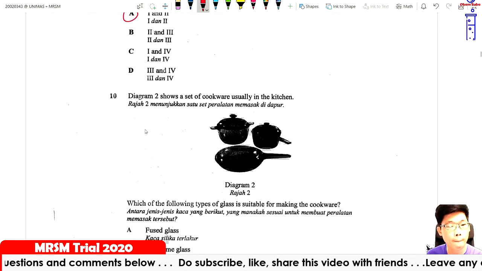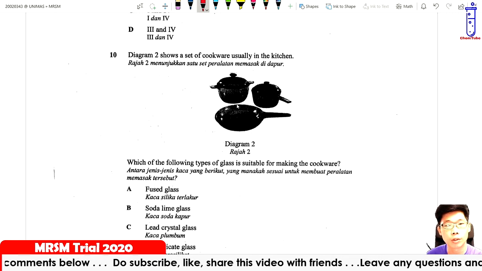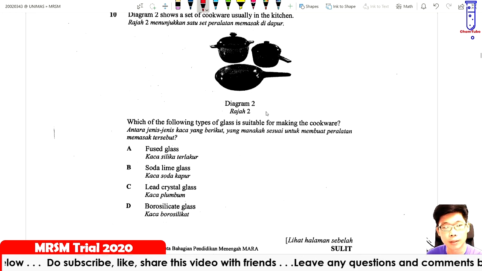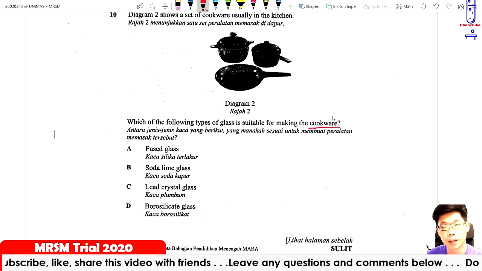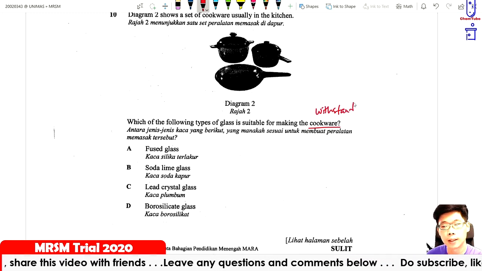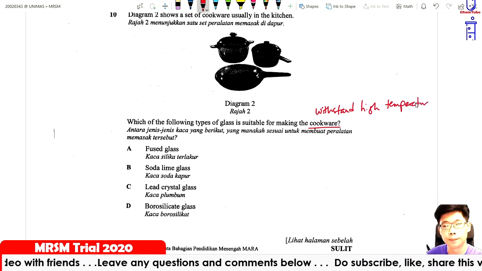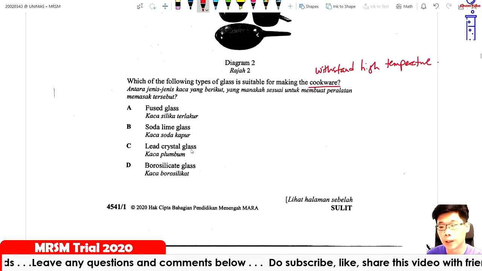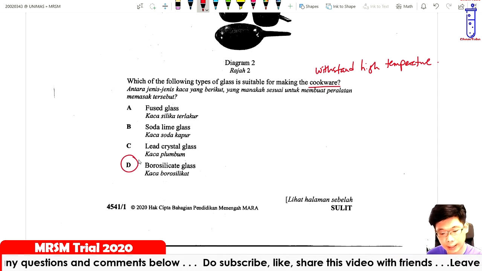Question 10. Diagram 2 shows a set of cookware usually used in a kitchen. Which of the following types of glass is suitable for making this cookware? For cookware, it must withstand high temperature. So the most suitable glass would be borosilicate glass.